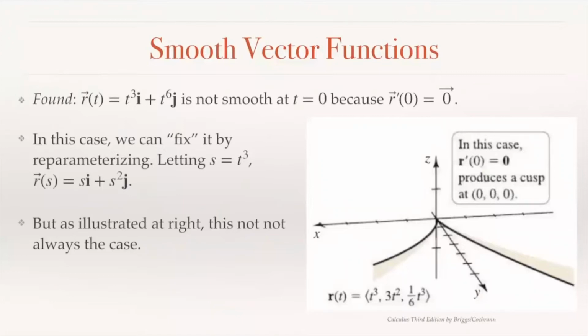So while some curves can be, quote, fixed by reparameterization to make them smooth, not all curves can be. A curve with a cusp, here's an example, cannot be reparameterized in any sense to make it smooth there because it's not differentiable there in a fundamental sense.